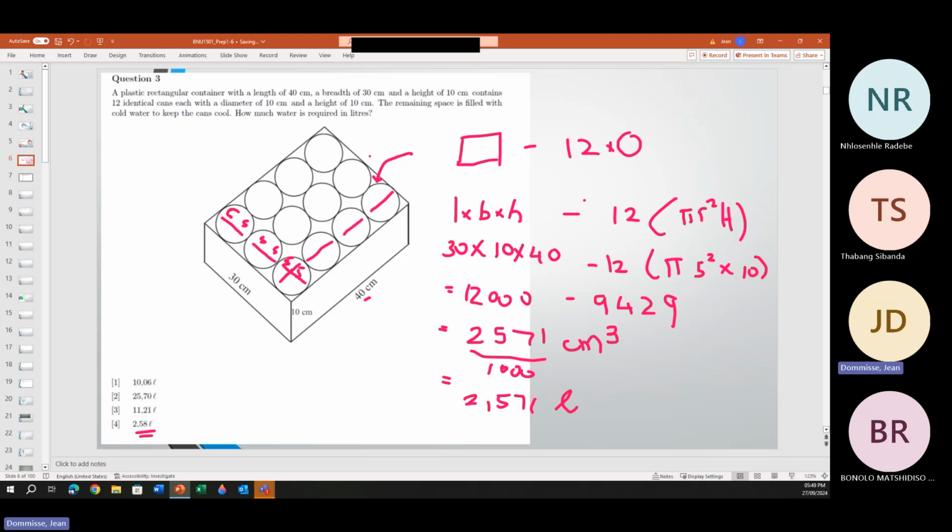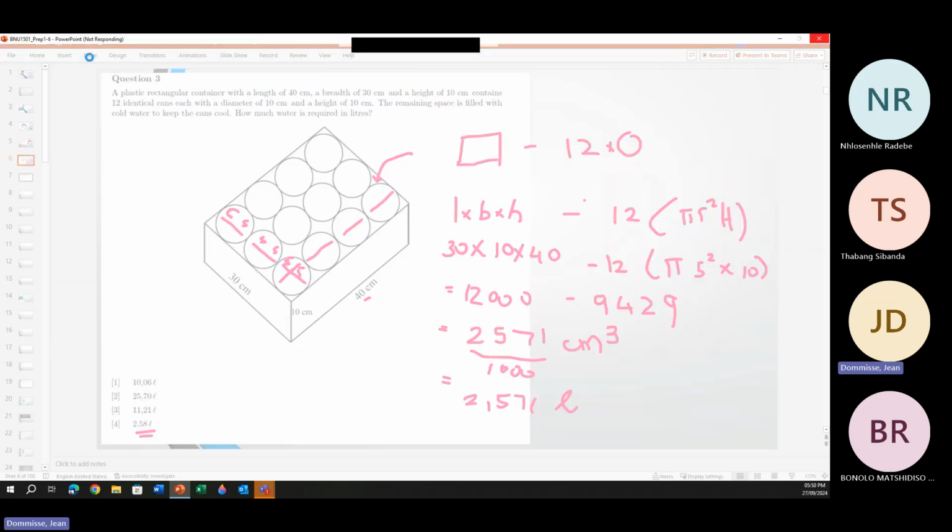Okay, so first we work out the volume of the container, then we work out the volume of the cans, and then we need to fill the areas in between.